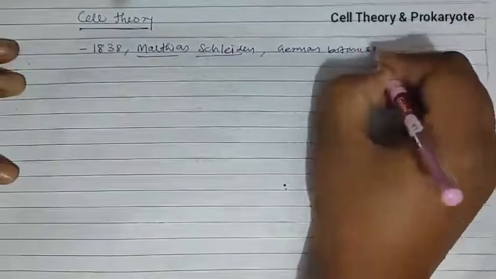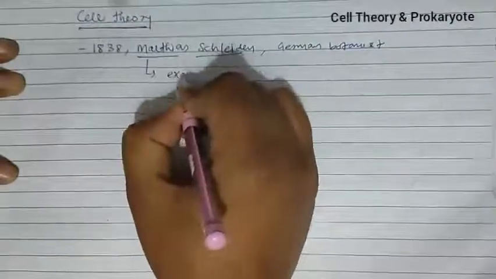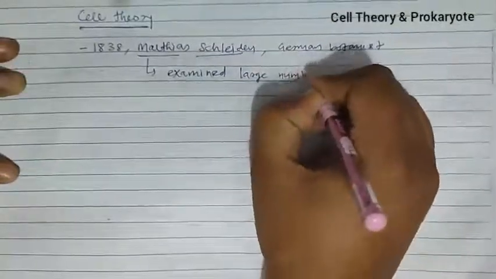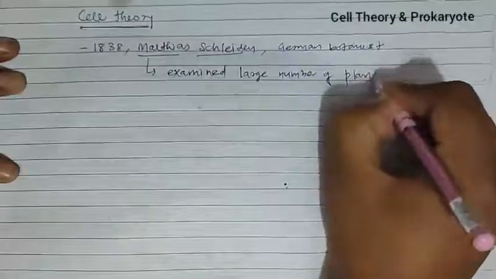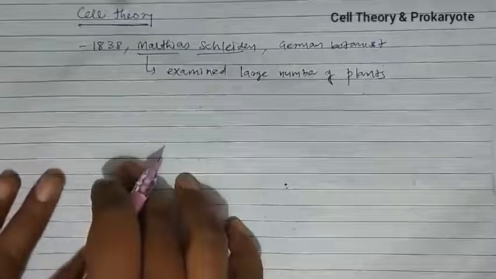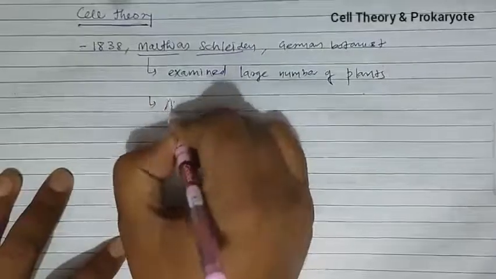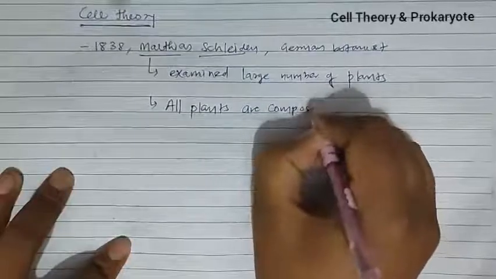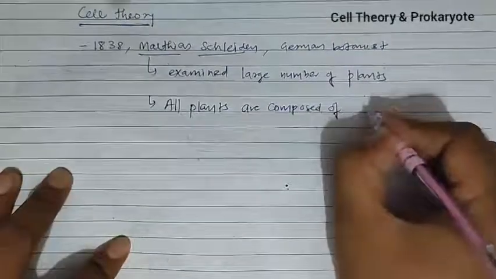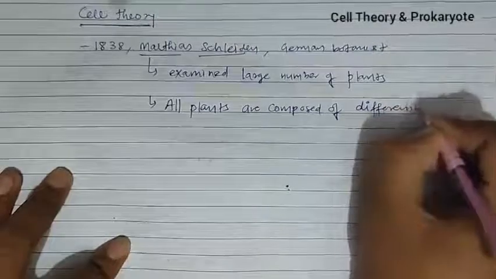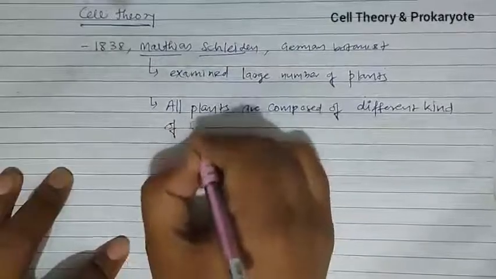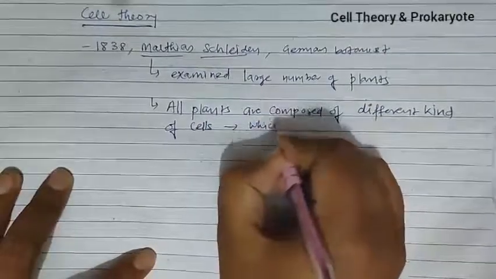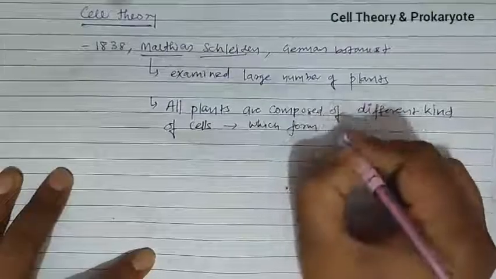He examined a large number of plants and observed that all plants are composed of different kinds of cells, which form the tissues of the plant.